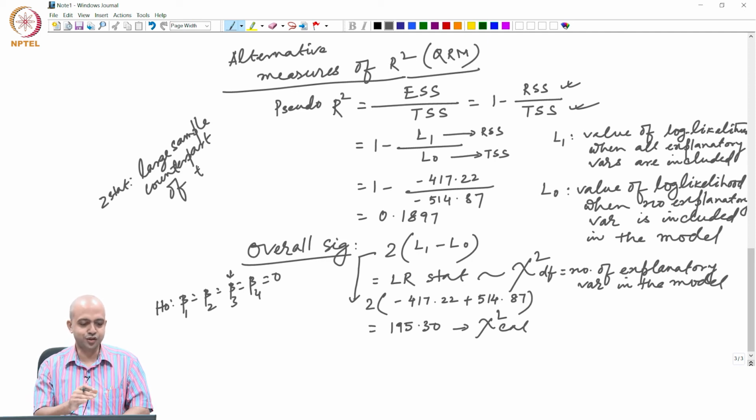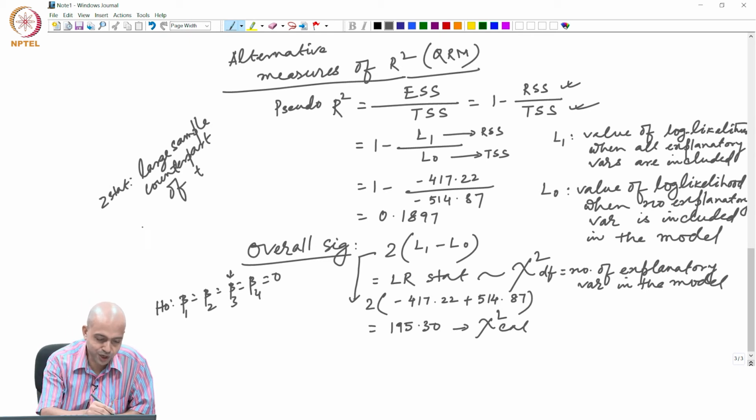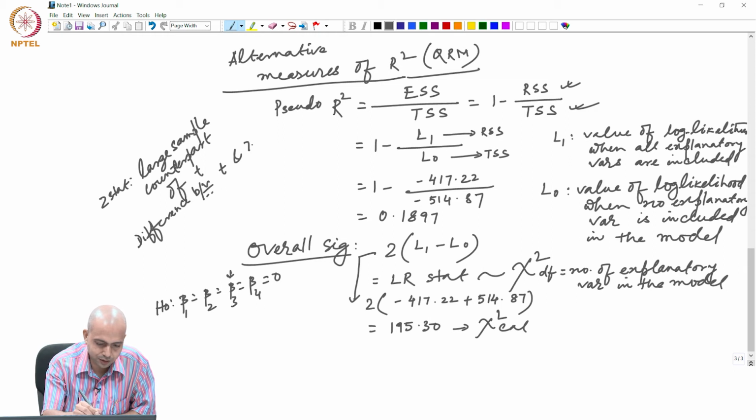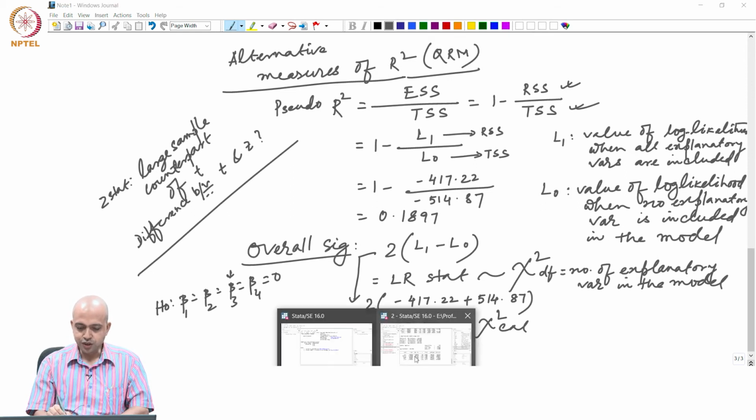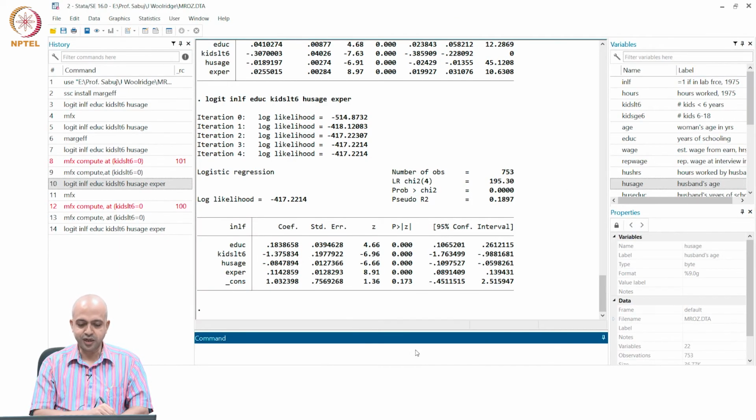There are other differences between T and Z statistic which you can look at. So, what Stata is reporting is the large sample counterpart of the t to test the individual level significance of the explanatory variable.